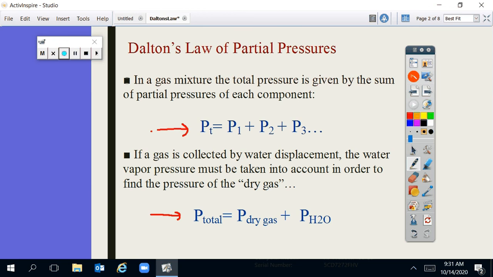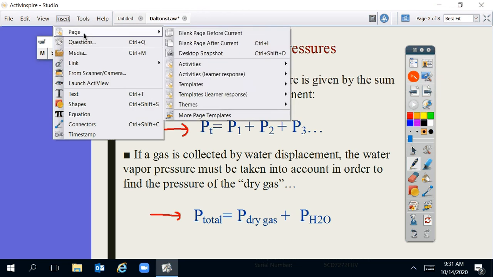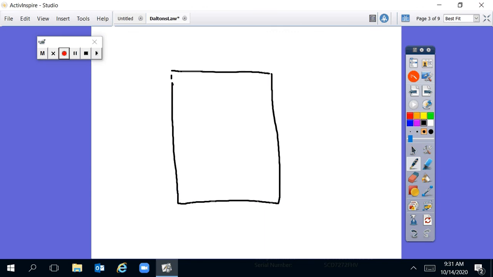So for example, let me just take a minute to draw a little picture of that. If you have a closed container, and you are bubbling dry gas through it, let's say carbon dioxide.